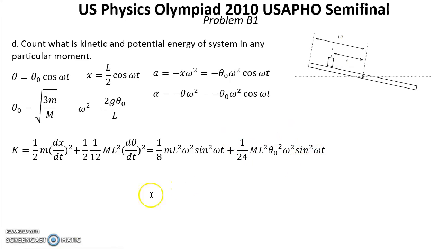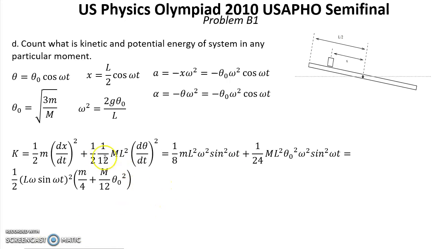We can rewrite it in the form of this one, and because theta 0 equals this expression, we can put it here and find the final expression for kinetic energy. That will be this expression, and to simplify it, we can use theta 0 to express it like this one.